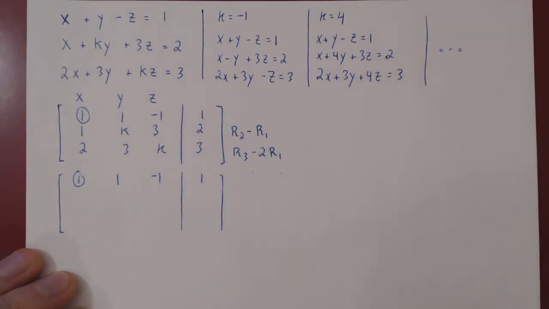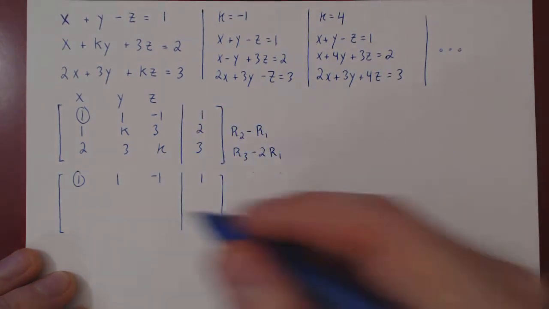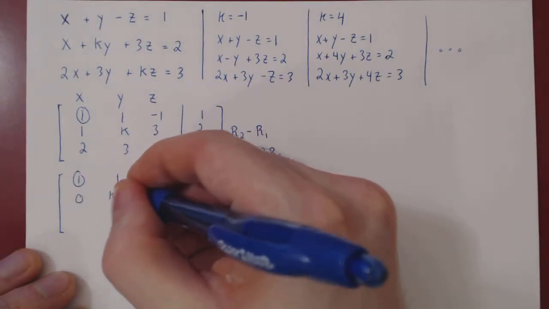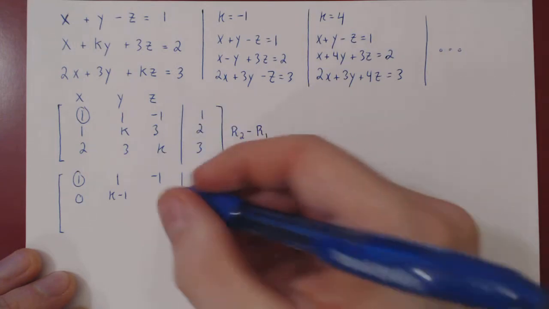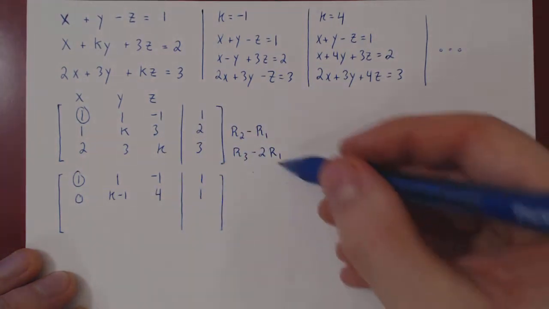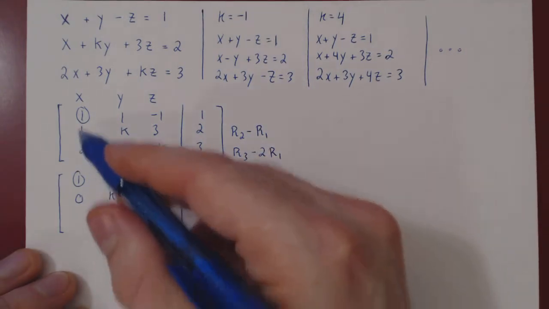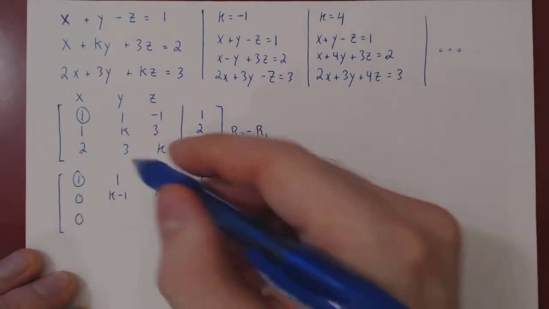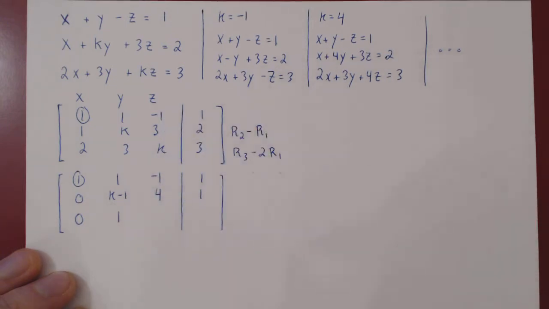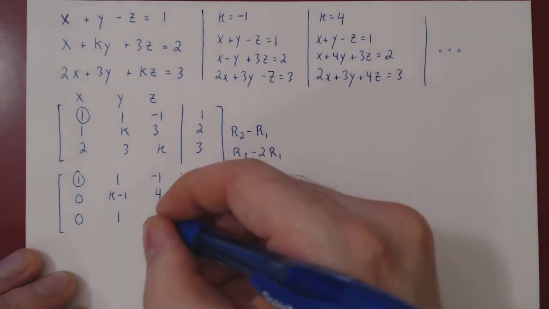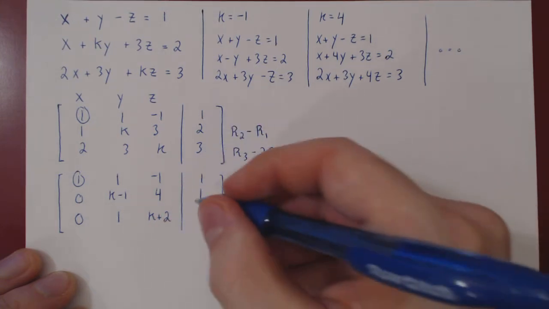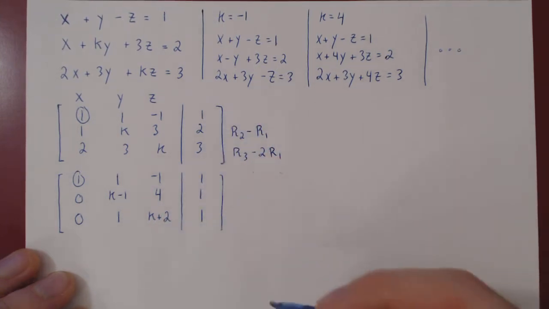Let's apply the first row operation. Row 2 minus row 1, so we get 0, k minus 1, 3 minus -1, 3 plus 1, 4, 2 minus 1, 1. The second row operation, so 2 minus 2, 0, 3 minus 2, 1, k minus 2 times -1, k plus 2, 3 minus 2 times 1, 3 minus 2 is 1.